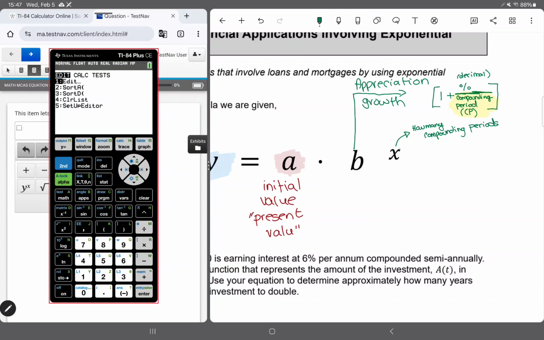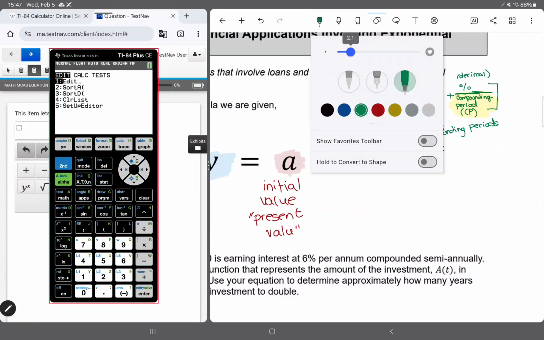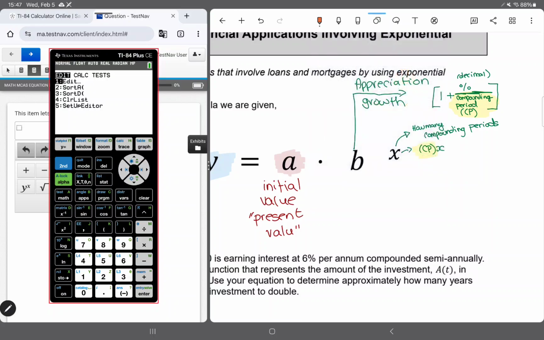So we don't just put in x, we have to put in our compounding period times our variable. So whatever we divide by up here, we need to multiply here. So appreciation ones are the annoying ones.